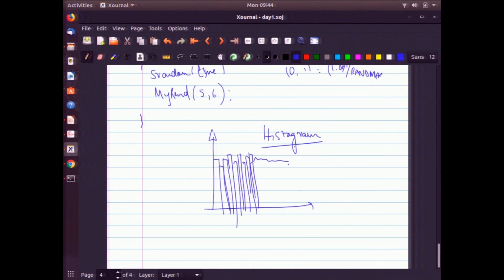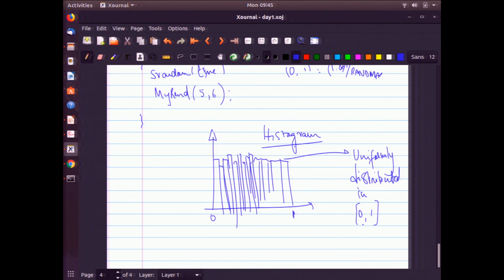They will roughly be the same number. This is the maximum value of 1, this is 0. Which means my random number generator is giving me something that's uniformly distributed. This is what I meant by uniformly distributed in the interval 0, 1.